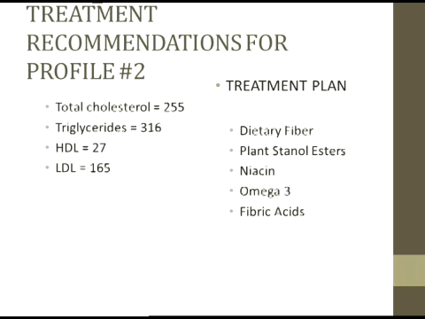So yes, you would do that. And you would address this abnormal cholesterol profile by starting, of course, dietary fiber, plant stanols, but the triglycerides are significantly elevated. So you would focus your efforts on trying to get that down with omega-3 and omega-6, maybe niacin if that didn't work. And finally, fibric acids would be where you would go eventually if you didn't get the result with those two.